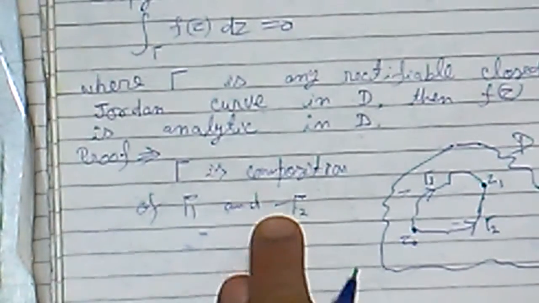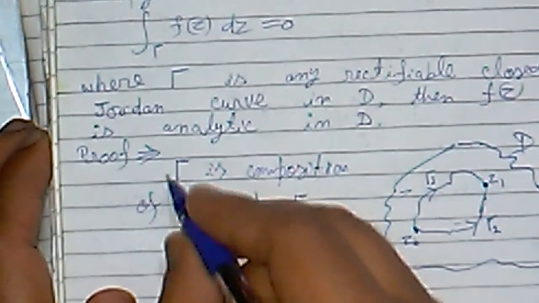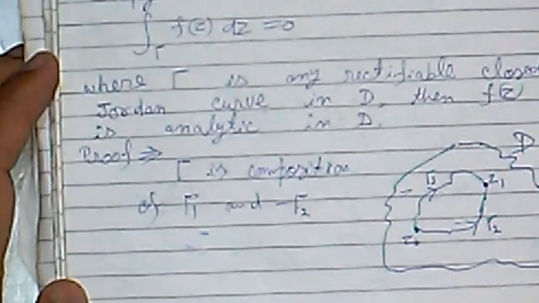So we write here minus gamma 2. So we can say that gamma is a composition of gamma 1 and minus gamma 2.